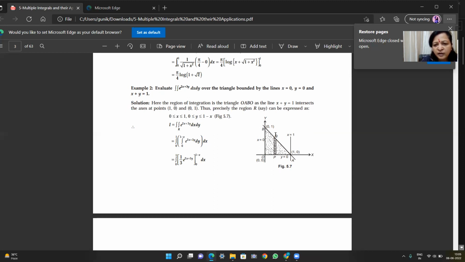तो यहाँ पर we have taken an elementary strip parallel to y axis.